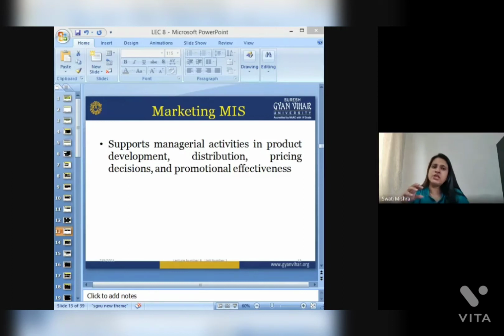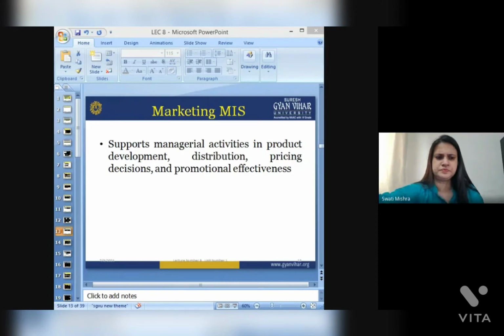The important issue is that the information from such a system is presented in a way that is useful to the marketing decisions.